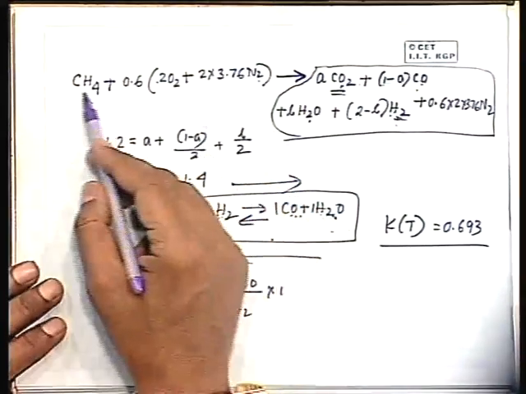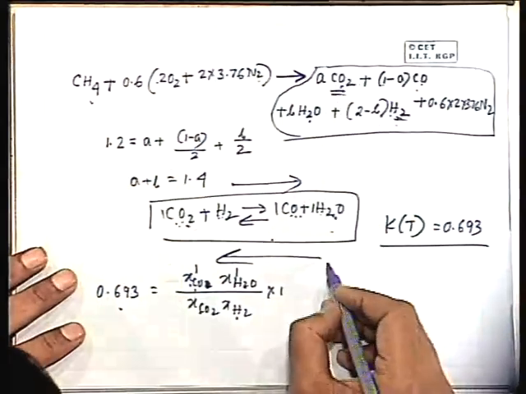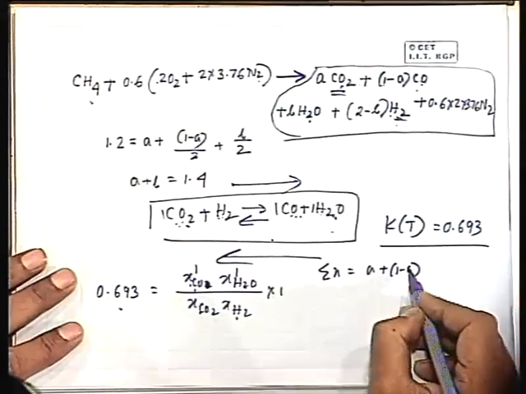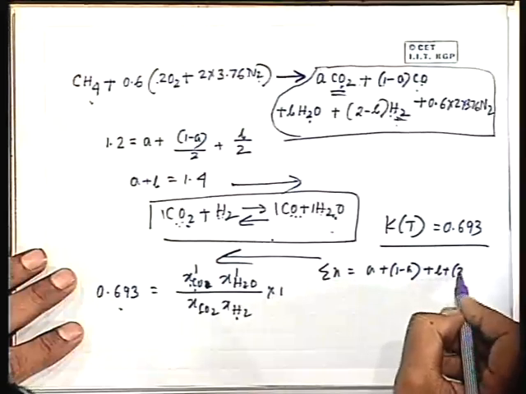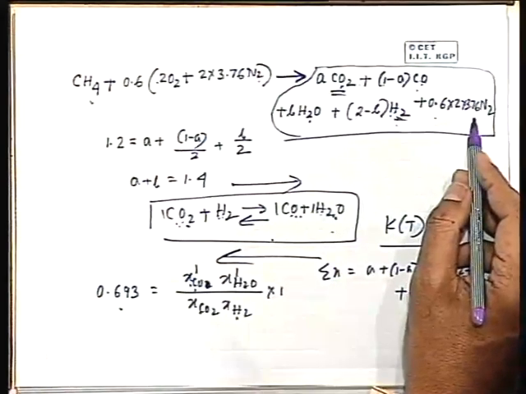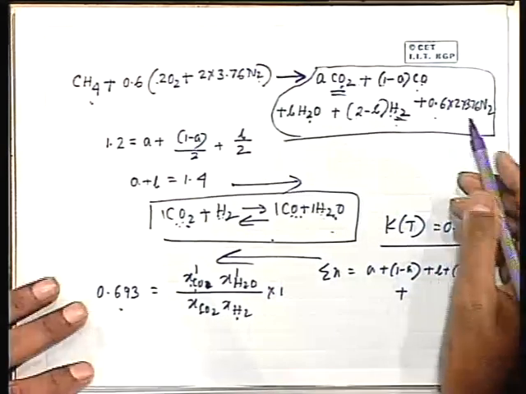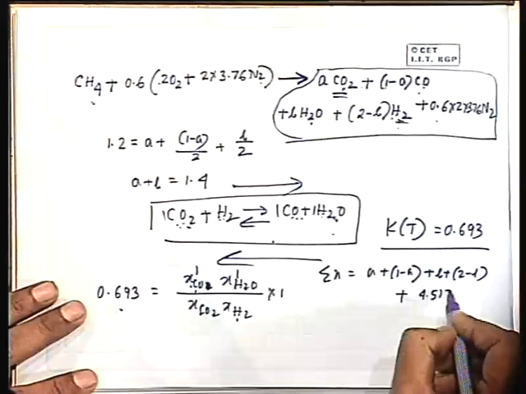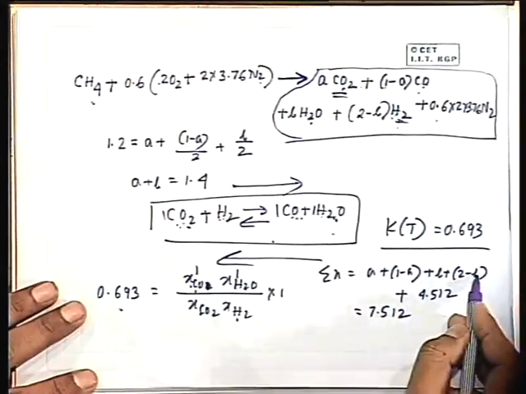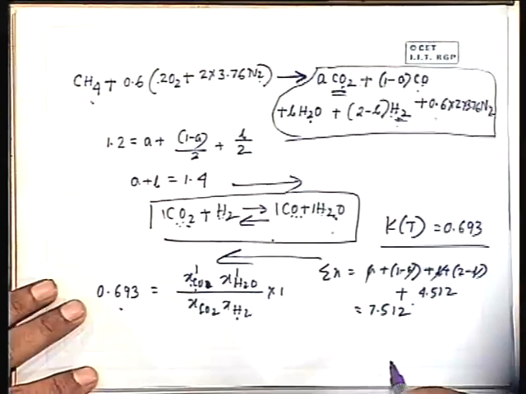Clear? What is this? First of all, forget this. What is the total number of moles? A plus 1 minus A plus B plus 2 minus B plus, what is this one? This one is 4.512, and ultimately this becomes 7.512 because B cancels, A cancels, 2 plus 1 is 3, so 7.512.